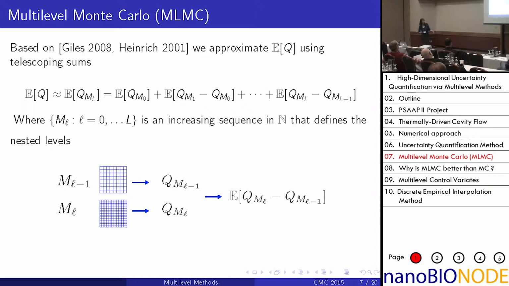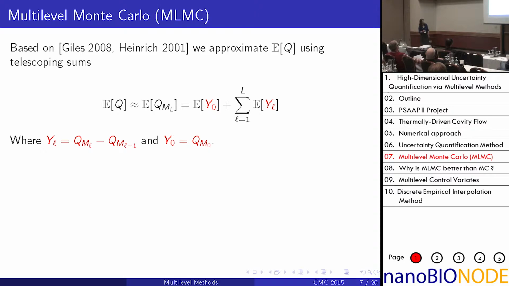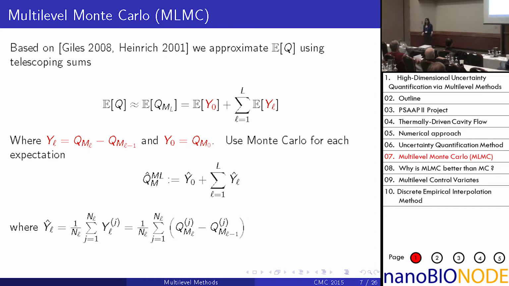Now we're going to change the notation a little bit. We're going to change all the correction terms, the Q on the fine grid minus Q on the coarse grid, to Y's, just for ease of notation, so we can think of our Y as a correction term. And our Y naught is just going to be our quantity on the coarse grid. We're going to estimate each of these expectations with a Monte Carlo sample.